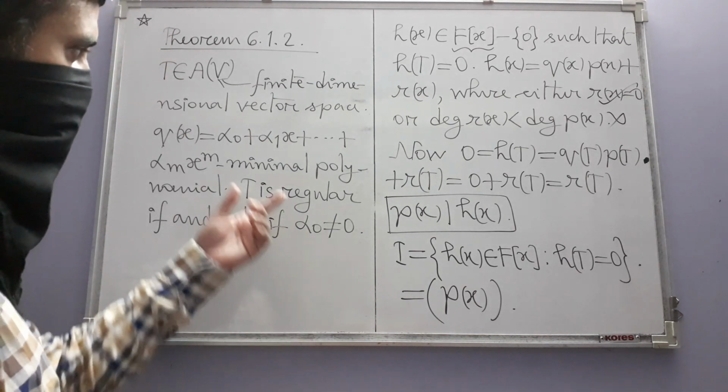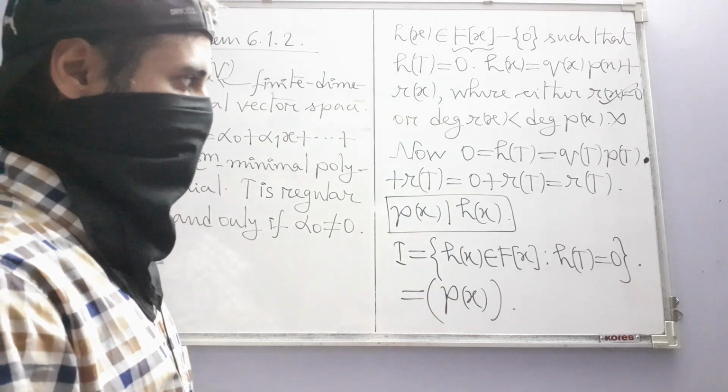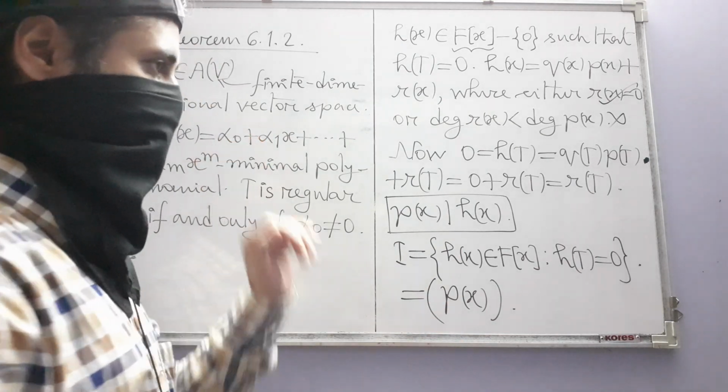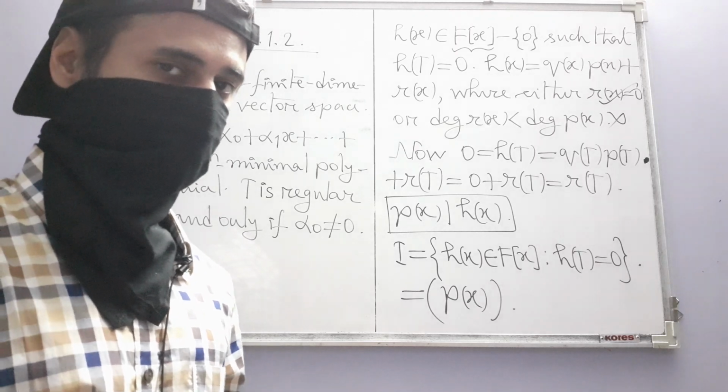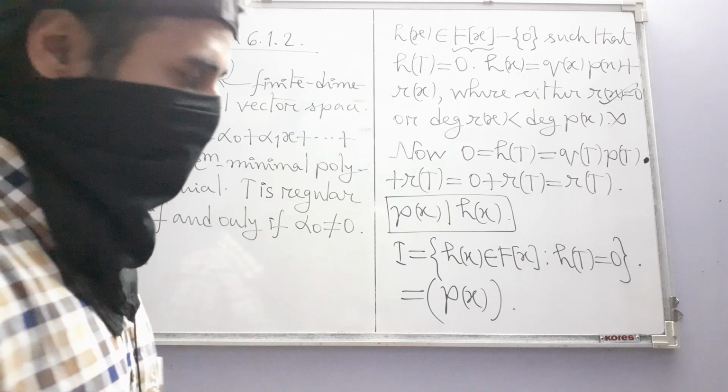Okay, so if somehow someone is able to find a minimal polynomial for T, then just by looking at the constant term one would be able to say if the operator is regular or not.